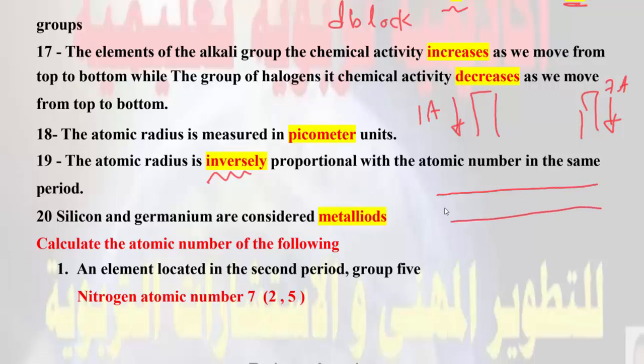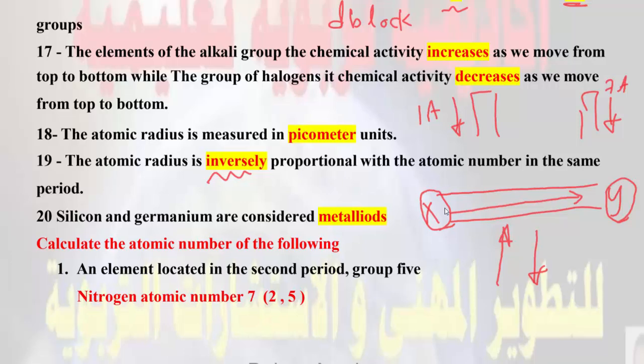Here, the period begins with X and ends with Y. The atomic radius decreases as we go from X to Y in the period, so X is larger than Y. As the atomic number increases, the atomic radius decreases, and we call it inversely proportional. Silicon and germanium are considered metalloids.